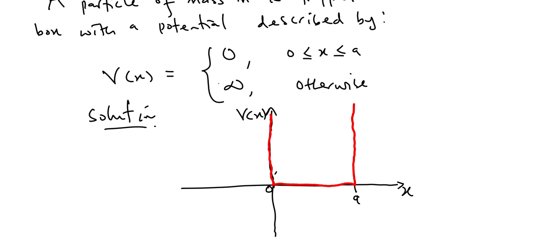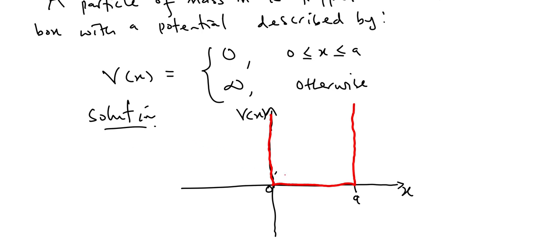We are told that outside this box the potential is infinite. It means the wave function outside is 0, so the particle is not there. Anytime the potential is infinity, the wave function is 0, so there's no particle and no need to worry about that region.